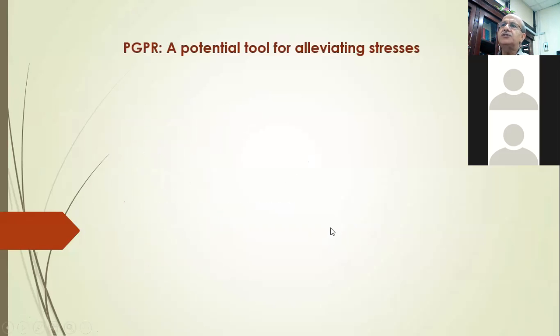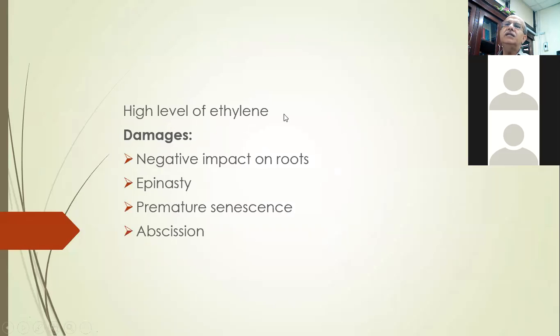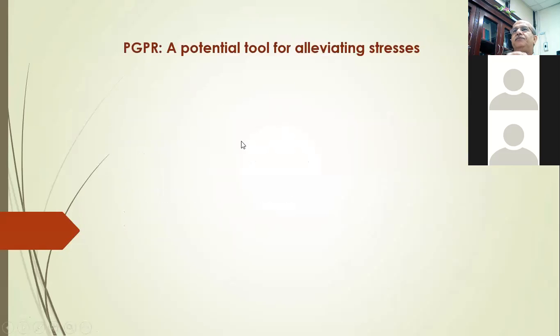These are the effects due to high ethylene concentration. So whenever there is drought or salinity stress, there will be more ethylene which will damage the plant in this way. So we have to reduce this high ethylene level if we want to avoid these negative effects. So how can we do that?